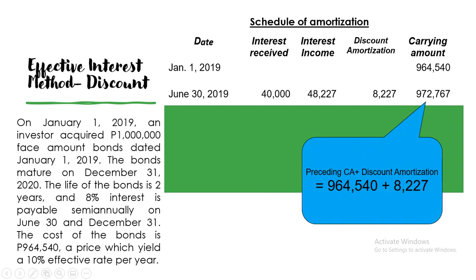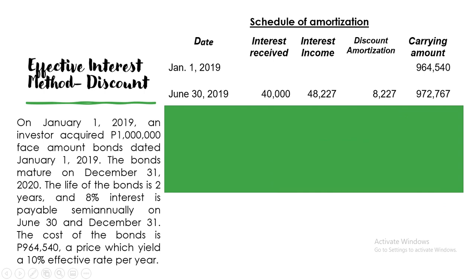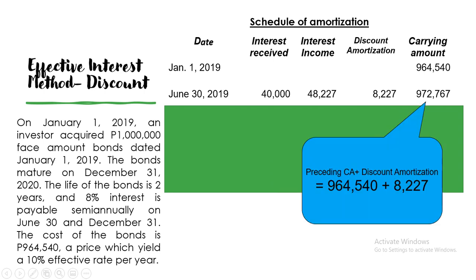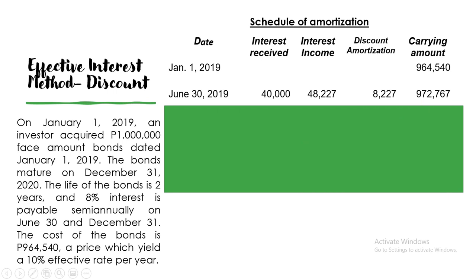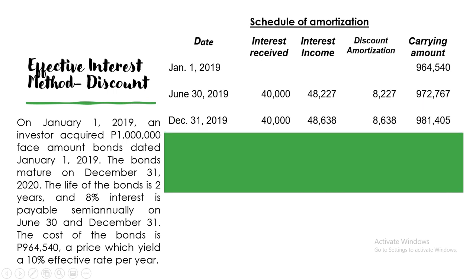And the carrying amount is the preceding carrying amount plus the discount amortization. So 964,540, the preceding carrying amount, plus 8,227, the discount amortization. You have here a carrying amount at June 30, 2019 of 972,767.